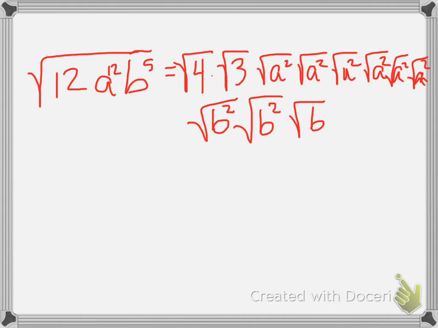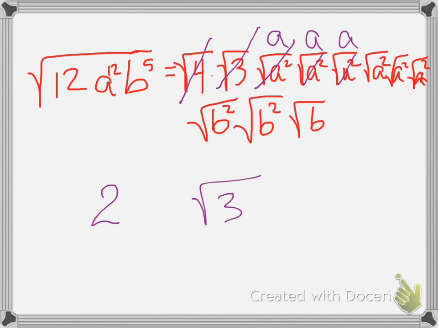So now what I want to do is look for things that I can simplify. Well, square root of 4, I know that 4 is 2 squared, so I know that simplifies to just a plain old 2. Square root of 3 I can't do anything with, so I'm going to put that in my answer so I don't forget. Square root of a squared is a, so I got an a here, an a here, an a here, an a here, and an a here.